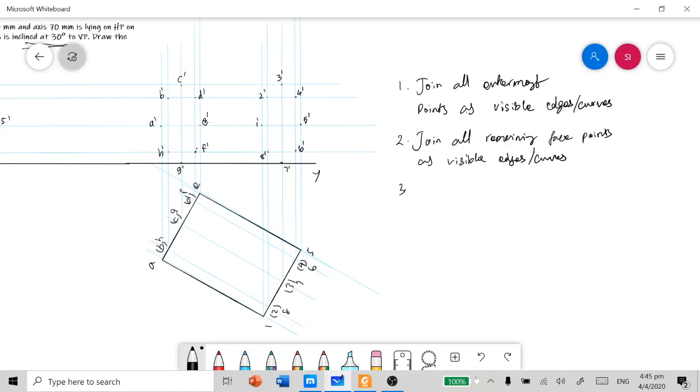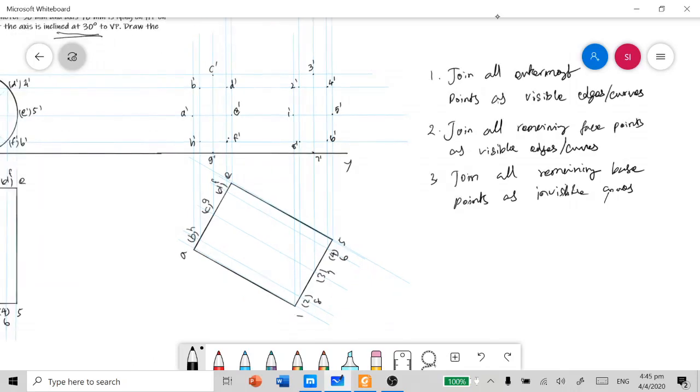And the third rule is we have to join all remaining base points as invisible curves or edges. And number 4 is for lateral edges.